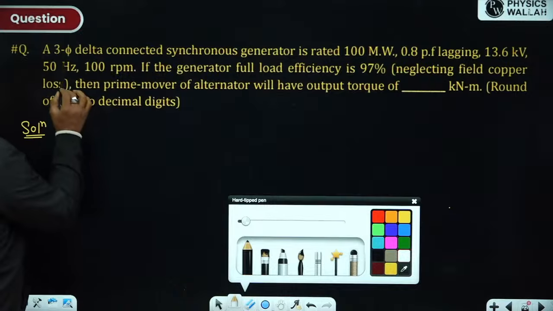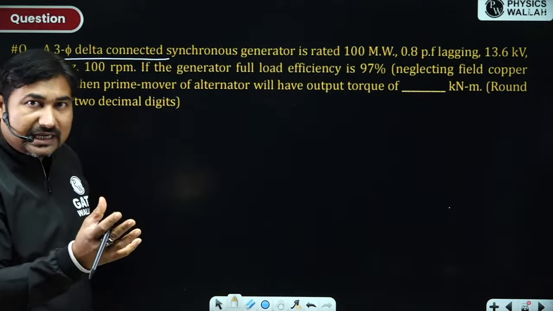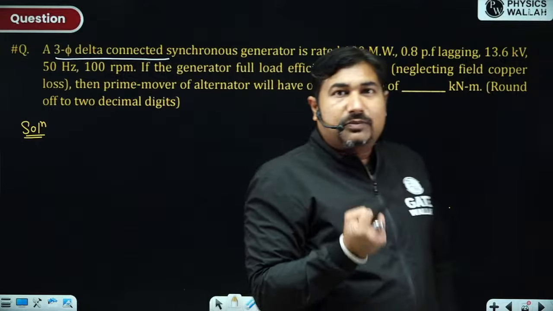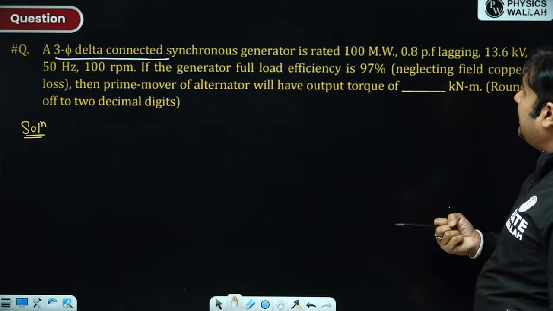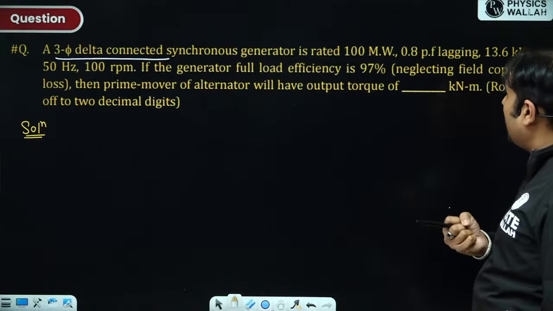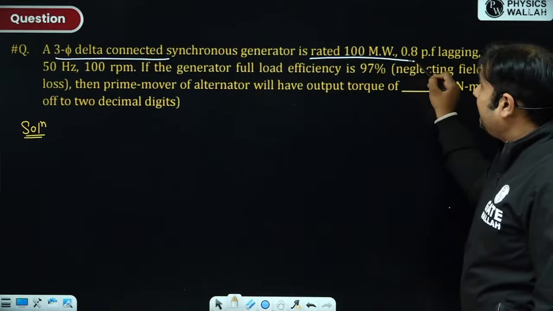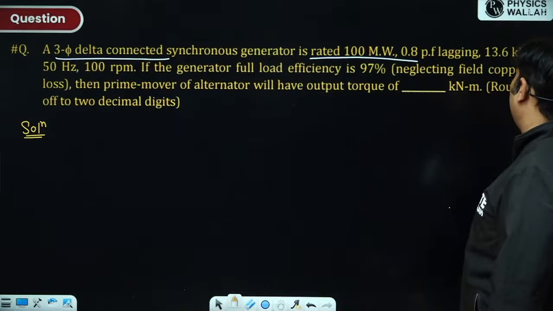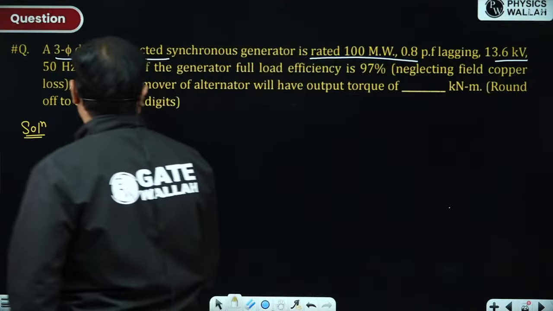Now please observe a 3-phase delta connected. While reading the question the first time, what are the important data that you need to absorb? A 3-phase delta connected synchronous generator is rated at 100 megawatt, 0.8 power factor lagging, 13.6 kV, 50 hertz, 100 rpm.